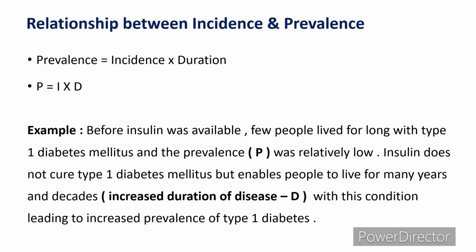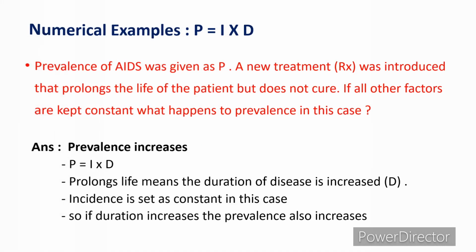So a simple equation here, right? When prevalence is equal to incidence into duration, if any drug or something increases the duration of the disease, automatically the prevalence also increases. Now coming to an example for the relationship between prevalence and incidence. Prevalence of AIDS was given as P. A new treatment was introduced that prolongs the life of the patient but does not cure the disease.